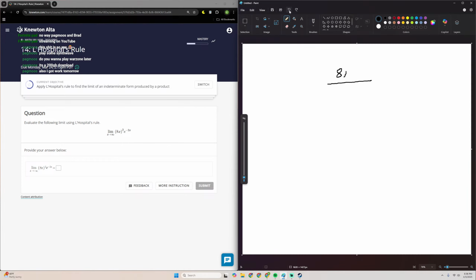Hmm. 1/8x squared. What's strange is that 2 is not to the x. That 2 is both the 8 and the x. So I'm thinking of applying L'Hopital. Yeah, I'll do logarithmic.